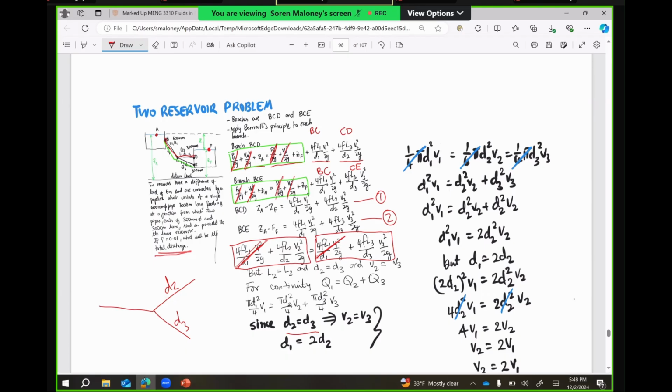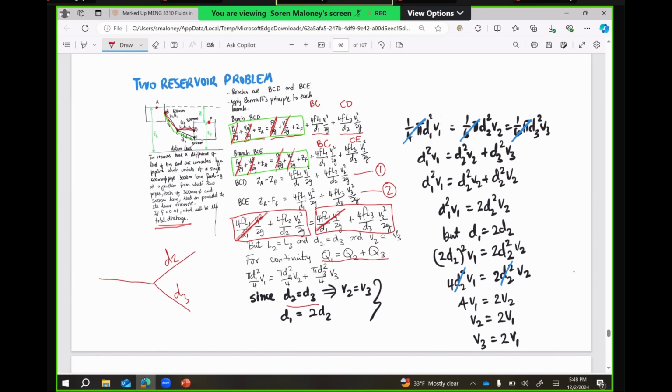Again, just need to take your time. So now I'm applying my continuity again. Q1 is equal to Q2 plus Q3, but you know that Q2 is equal to Q3, of course, because of this.